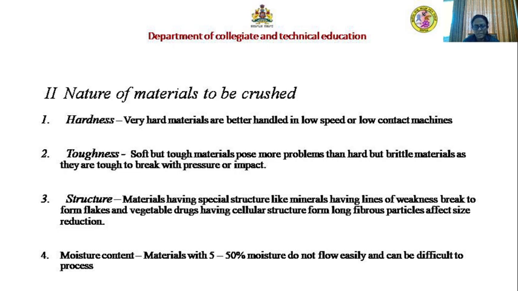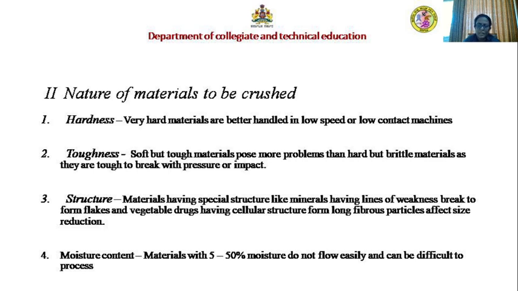So it cannot be easily made to flow in the operation. It gets stuck to the parts of the machine, and it clogs the machine parts also. So that is how the moisture present in the feed material to size reduction operation poses some problems.